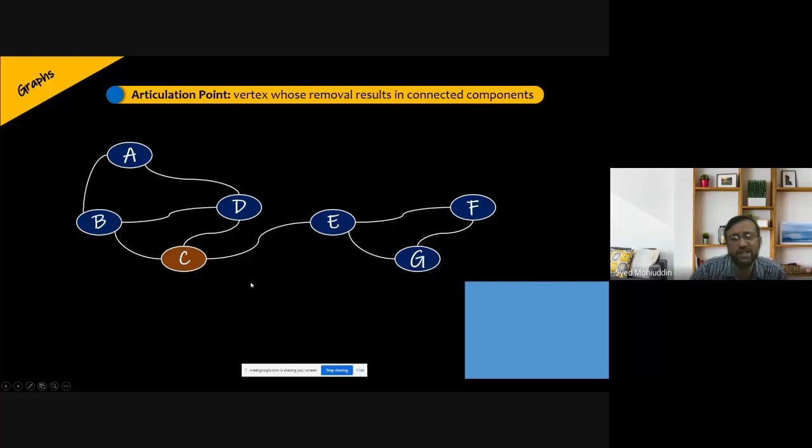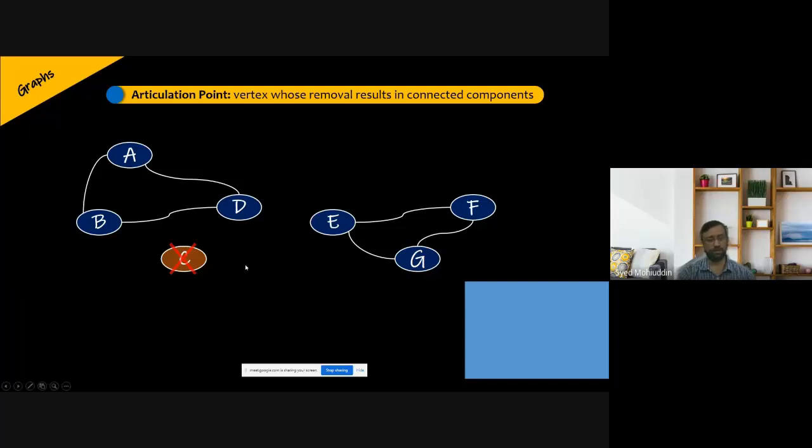When vertex C is removed, all those 3 edges also get removed, because the vertex itself is removed. Now we have 2 different components, and then again there is the same problem of reachability.